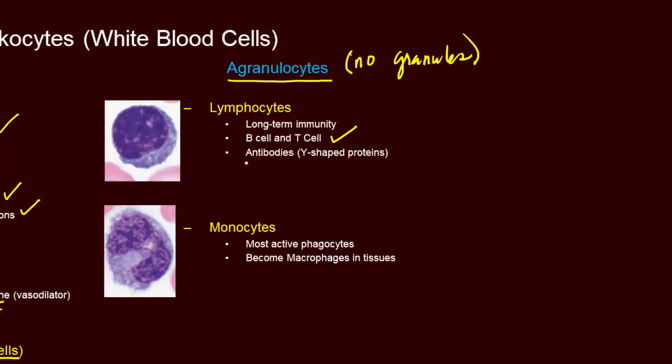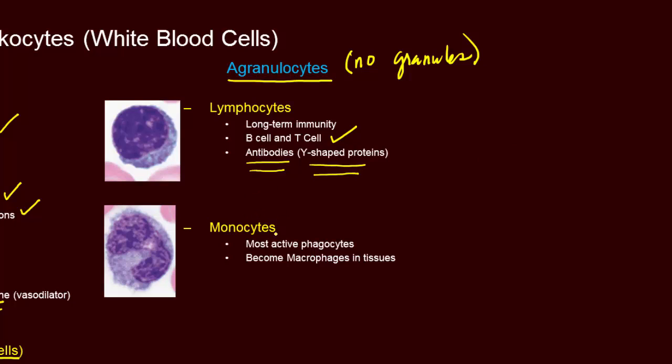The way that we're able to get rid of these pathogens with lymphocytes is we use antibodies. So antibodies are potent Y-shaped proteins that can mark pathogens for destruction and help limit the ability of foreign invaders to increase in number in our bodies.